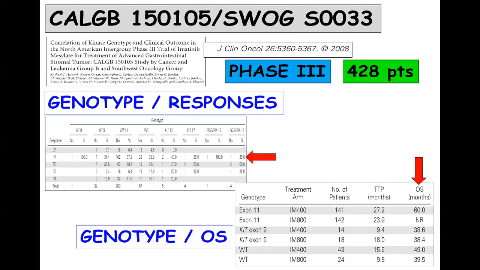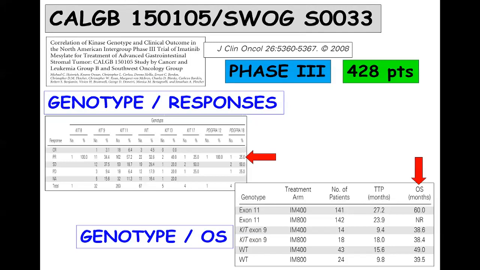KIT exon 9, 35% partial response; KIT exon 11, 57%; wild type, 32.8%; KIT exon 13, 40%, but only 2 patients, etc., with 25% partial response with PDGFR exon 18, but only 1 patient.